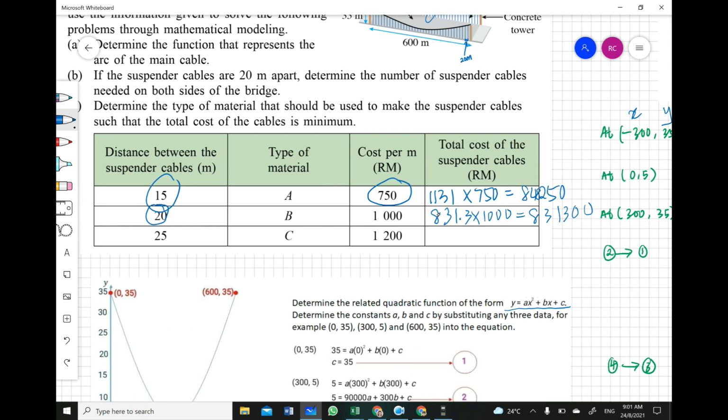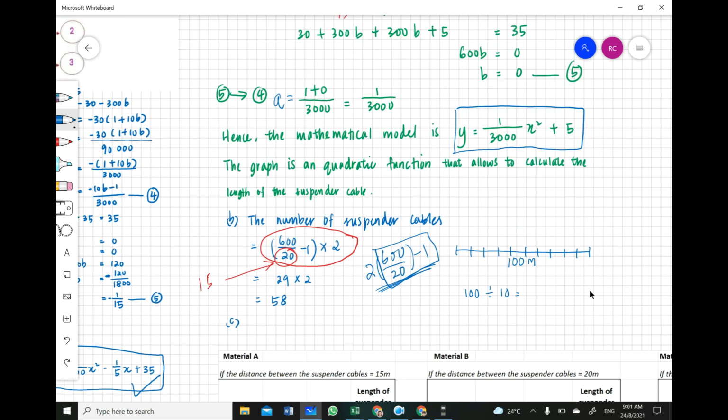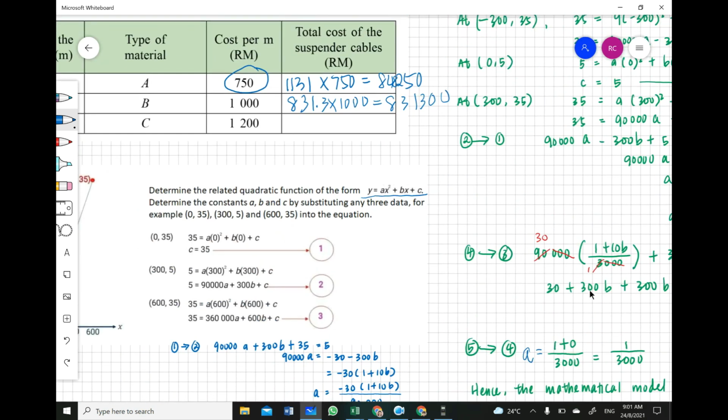Or if you want to make it more precise, it is actually 831,333.33 because over here in my Excel, I make the format into 1 decimal place, as you can see. If I didn't shorten it, it is actually 5.1 something, 5.5 something, 6.2 something. So we will have a total of 831.3333333 actually.